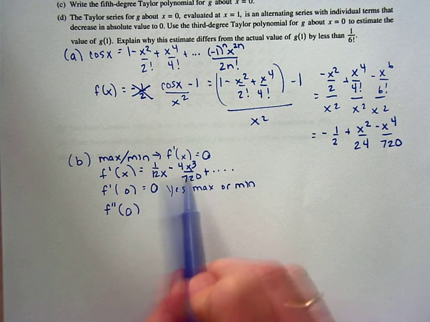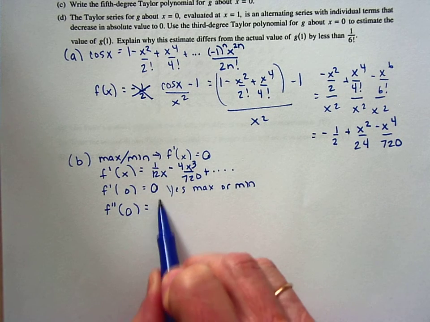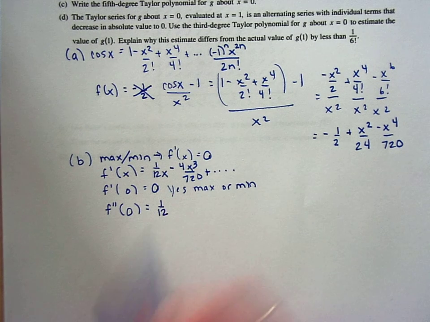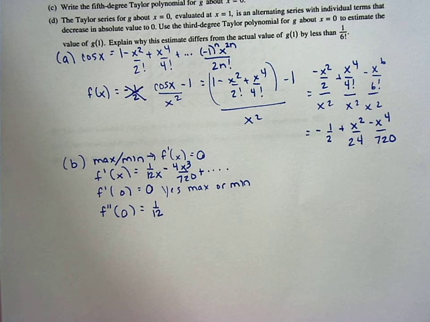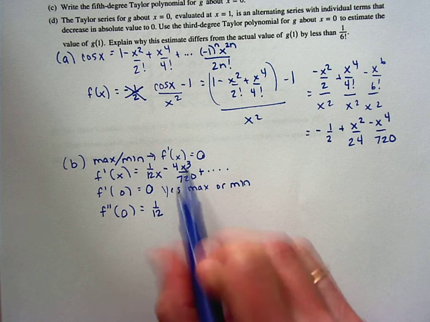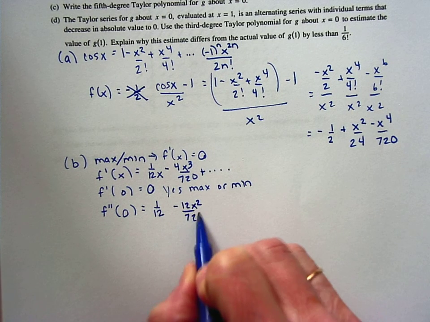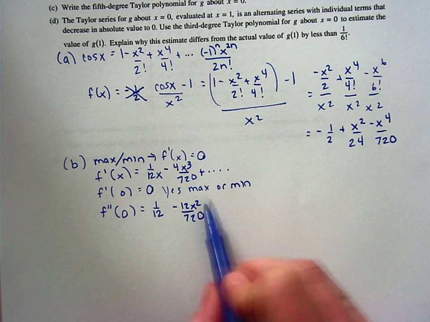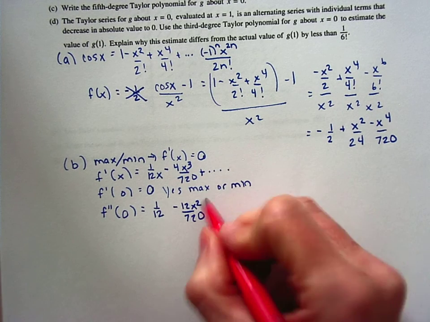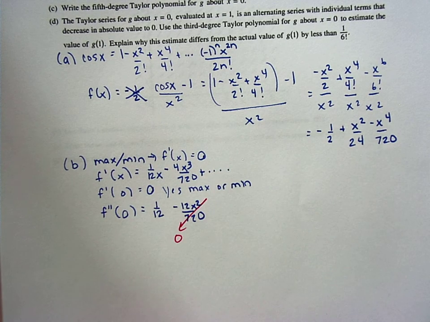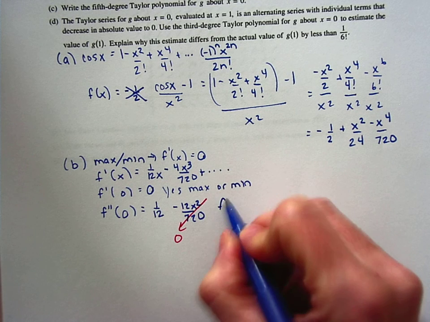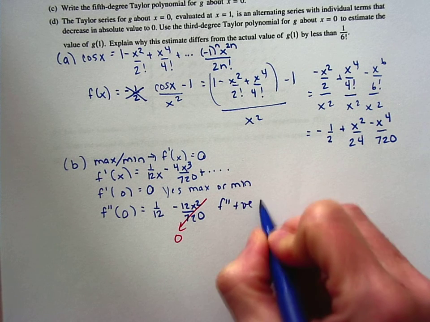When I take the second derivative, the first term I get is 1/12, and then the next term would be something like minus 12x squared over 720. When I evaluate at 0, this term drops out. So what do I know? I know that f double prime is positive.